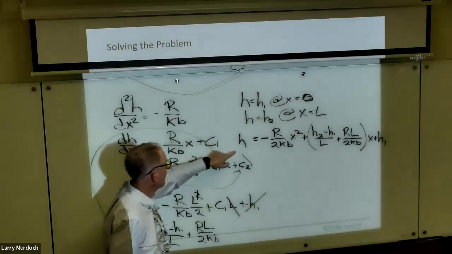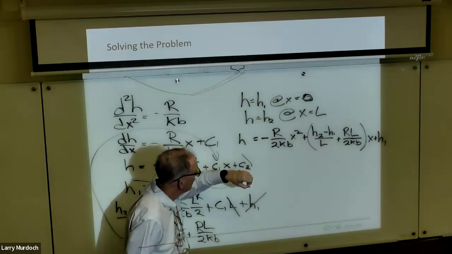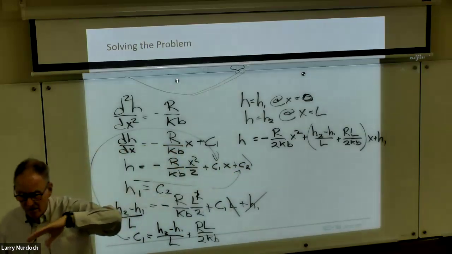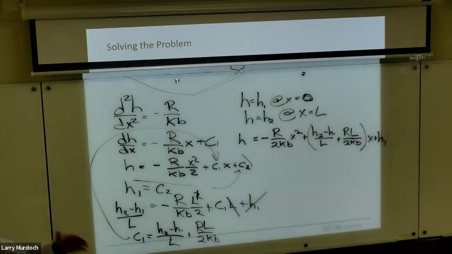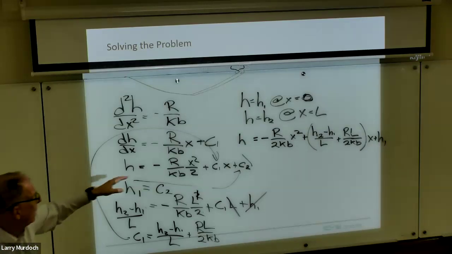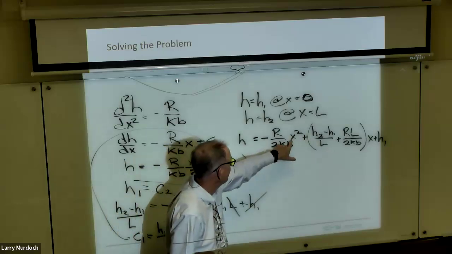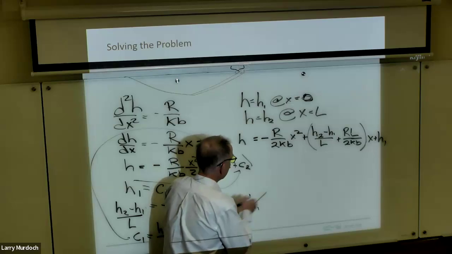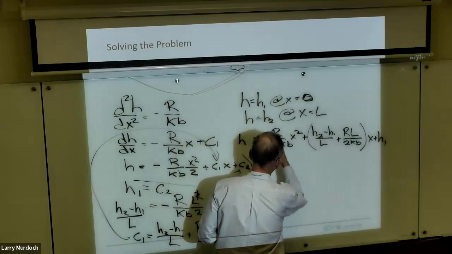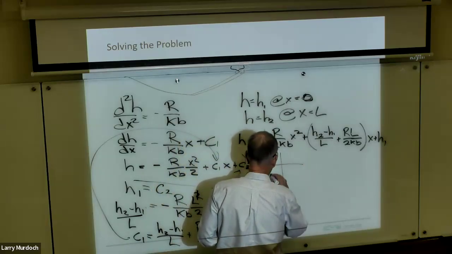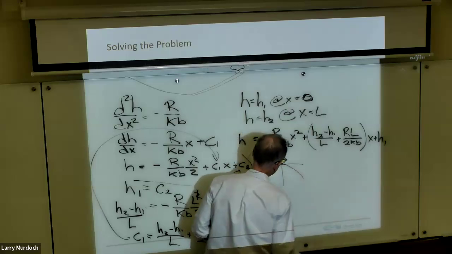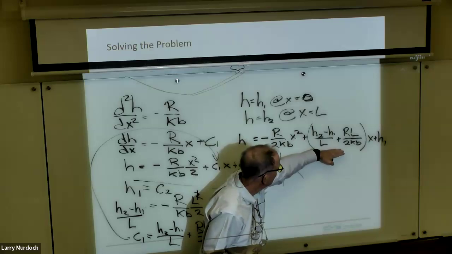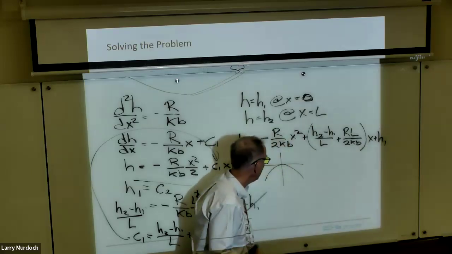So this is what the hydraulic heads look like. We saw last time that we had a negative parabola, and here's that second order term here. So this right here looks like this. This, though, is a linear function.